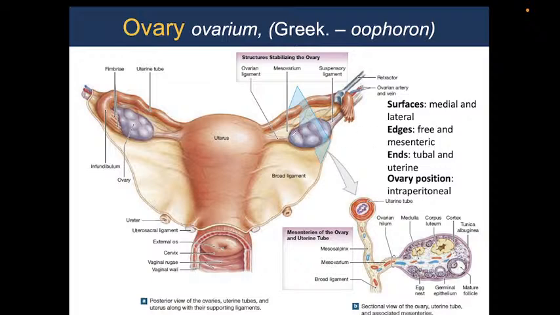One end we call uterine, and the distal or posterior end we call tubal, because it is close to the uterine tube. So that is the gross anatomy of the ovary.